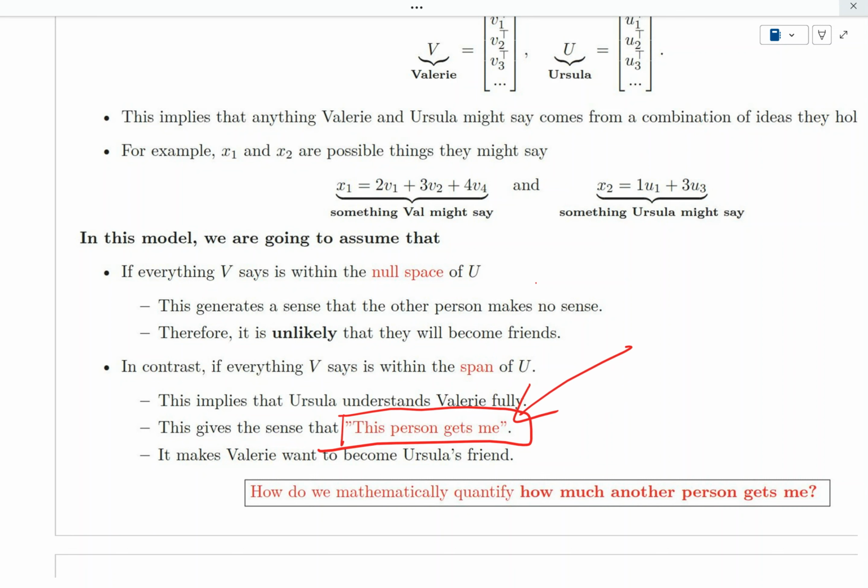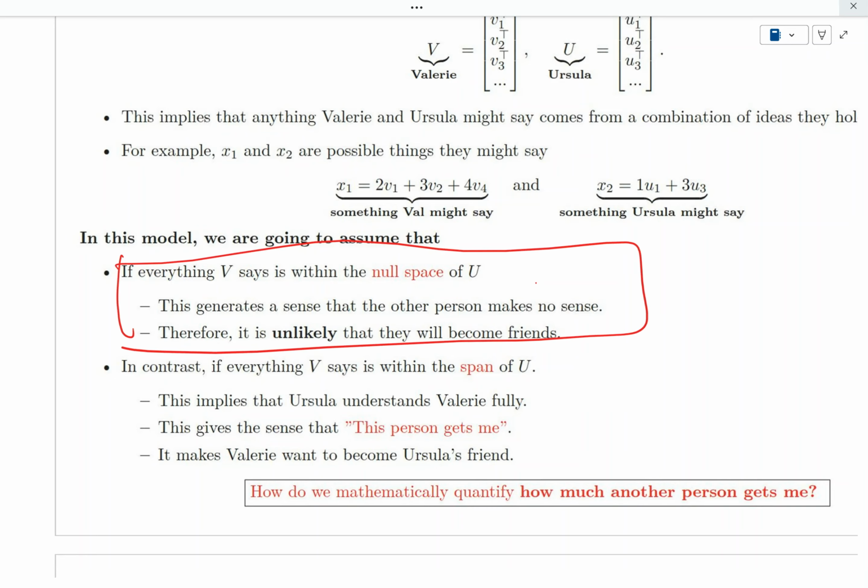When you feel like somebody understands you and gets you, you're more likely to become friends. So there are two possible scenarios. What they say could be either in your null space or in your span.